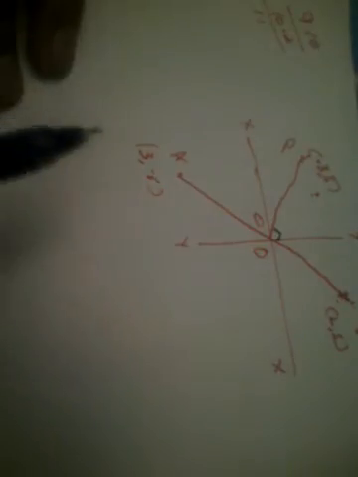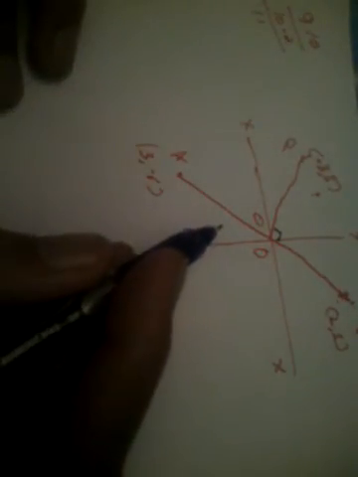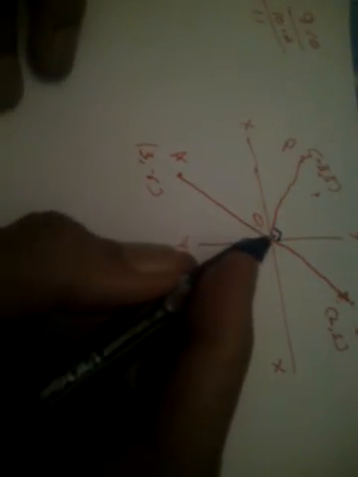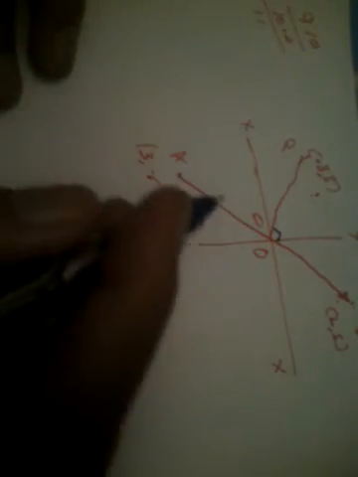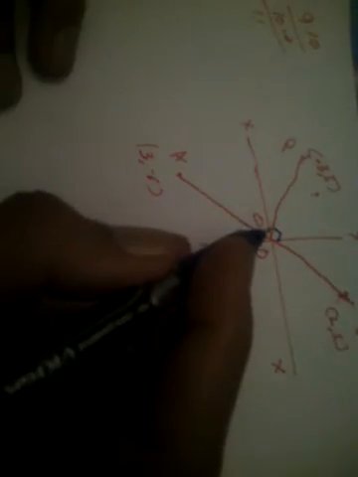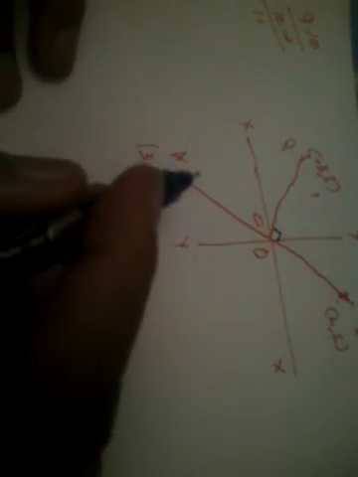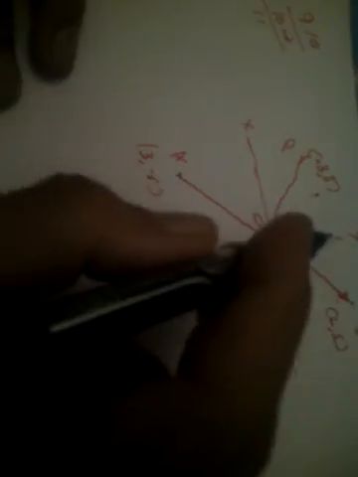When it is perpendicular, if we know the slope of AB, we can find the slope of OP by using the formula m1 m2 is equal to minus 1, where m1 is the slope of AB and m2 is the slope of OP.